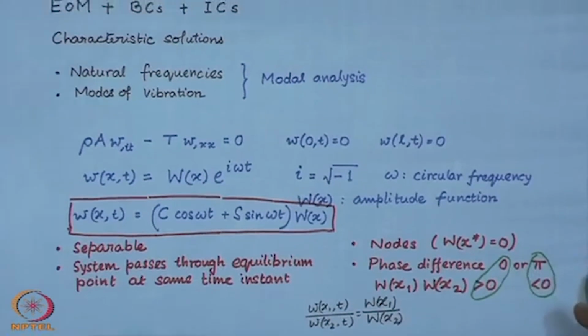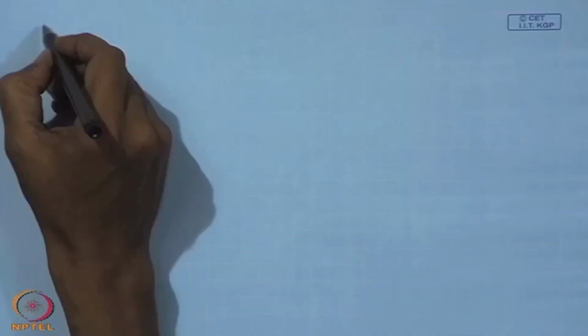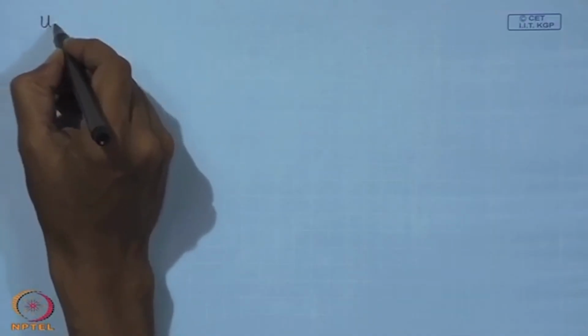So, we will start with this structure of the solution and try to find out the characteristic motion of the system. To do this, we will start with the example of the uniform taut string.